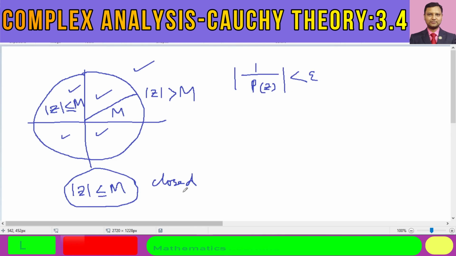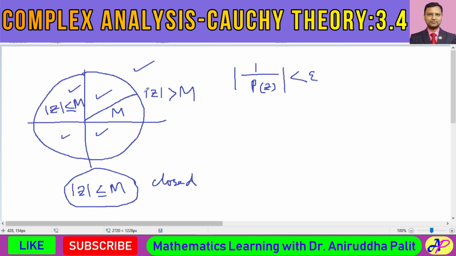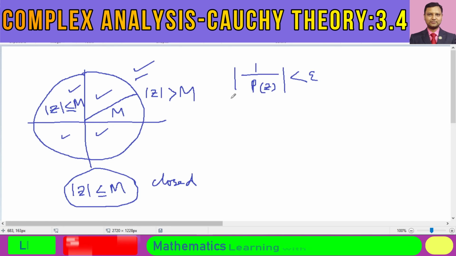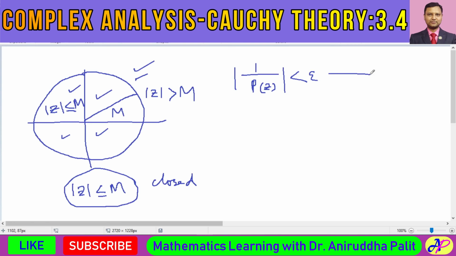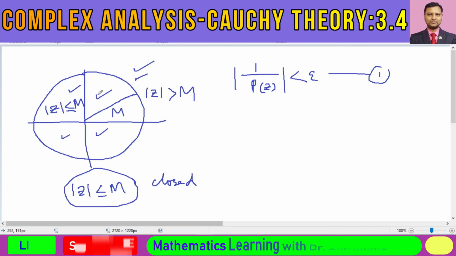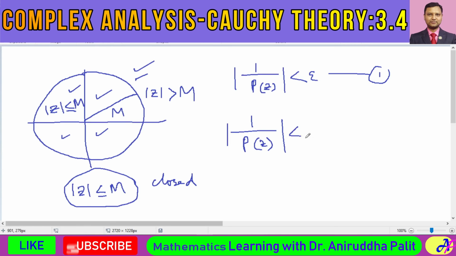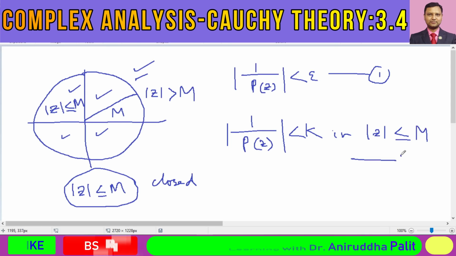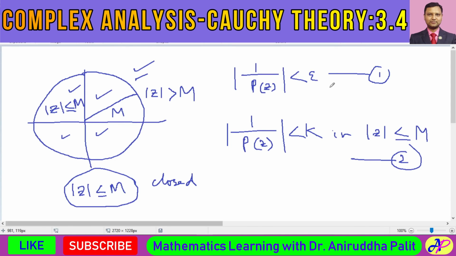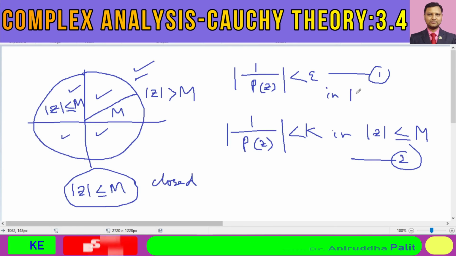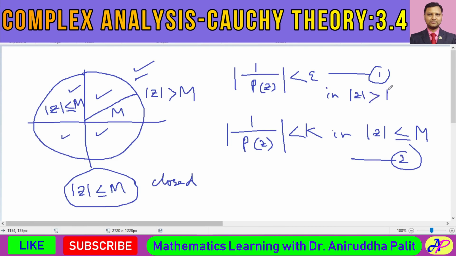So outside this region, we find that relation number 1 is satisfied. Inside this region, the modulus of 1 by p(z) is less than K, satisfied in modulus of z less than or equal to M. This is the inside of this zone, and this is the outside, modulus of z greater than M.